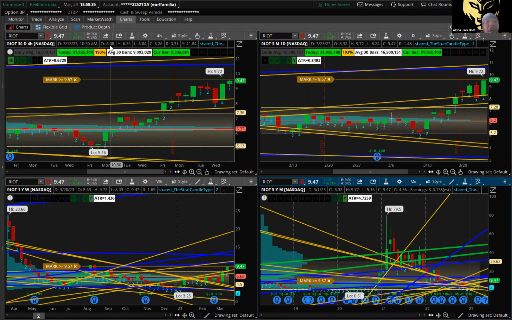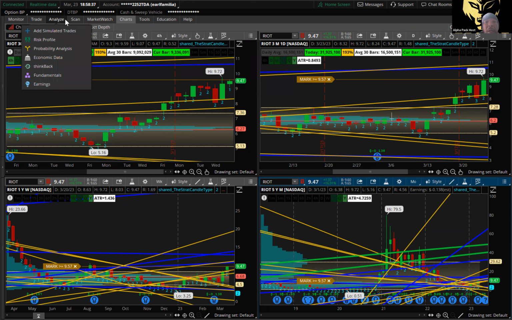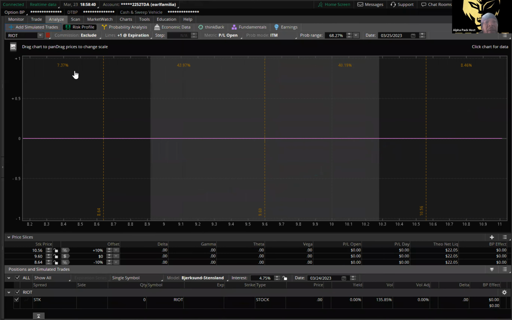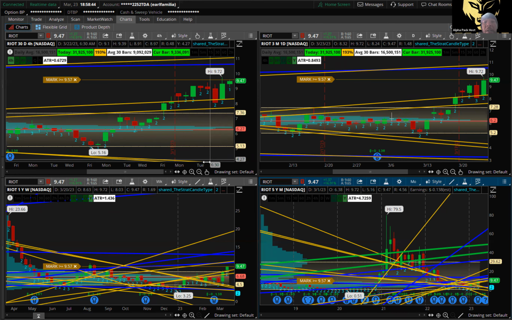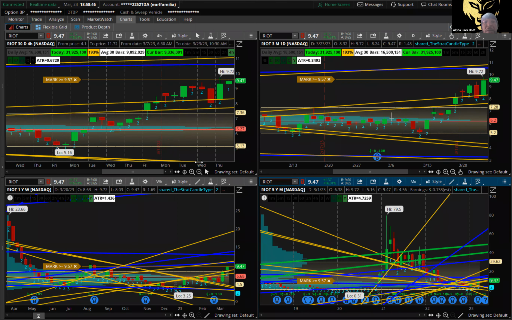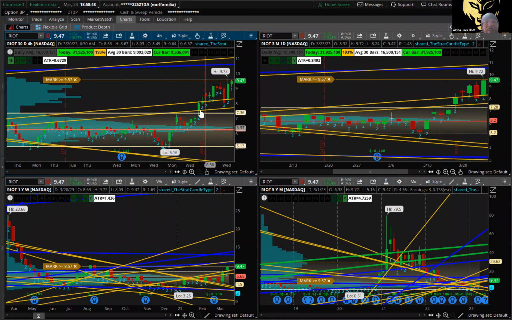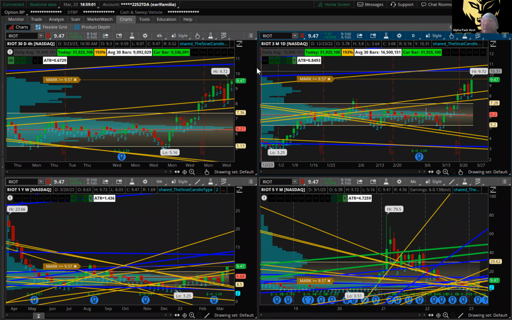So let's take a look at the analyze tab and see what Riot's going to bring us tomorrow. So that's the chart. Let's identify some price levels. Look at the top of the volume shelf. We got 9.77, 9.82.